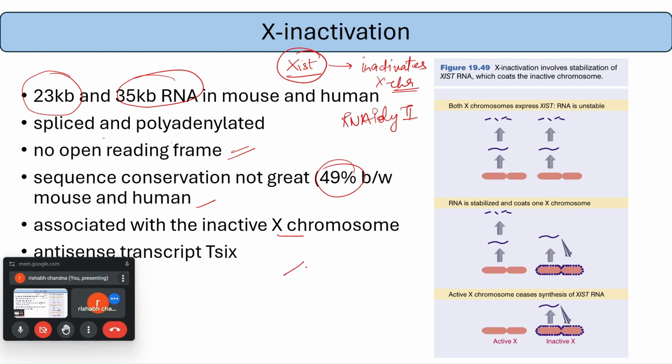One X chromosome produces Xist RNA and the other also produces Xist RNA. But one of them is to be inactivated and the other is active. So this particular RNA is being stopped by its antisense transcript called Tsix.